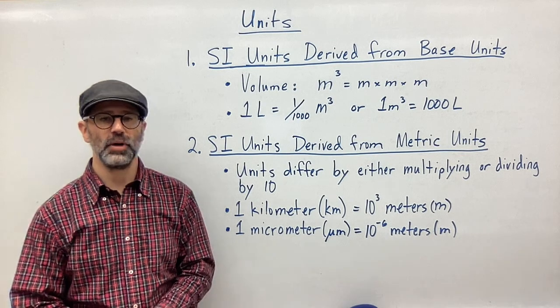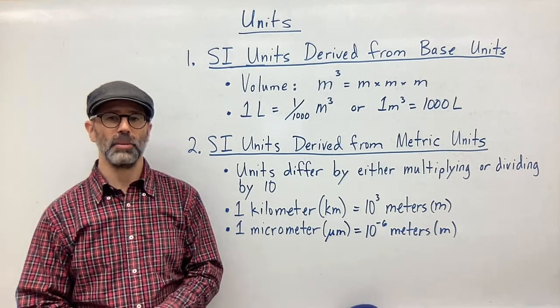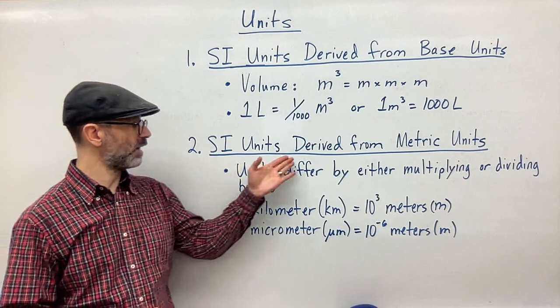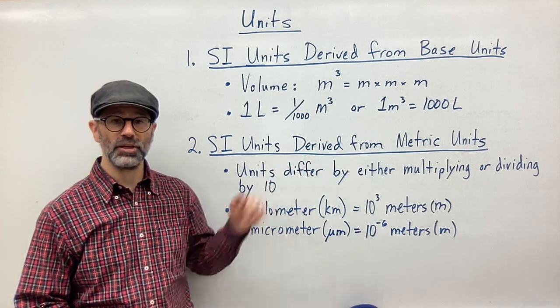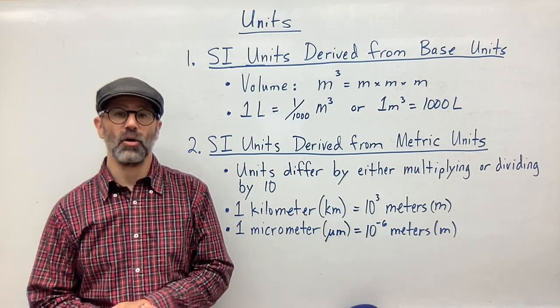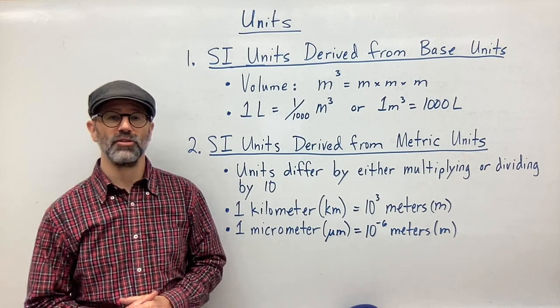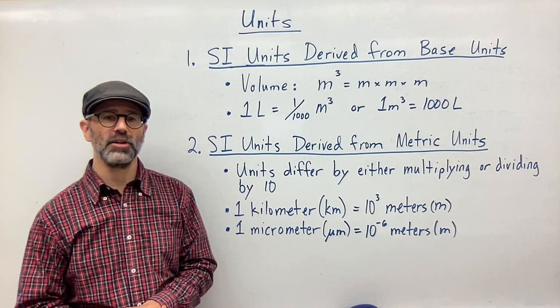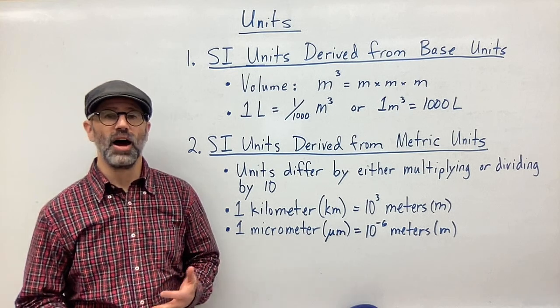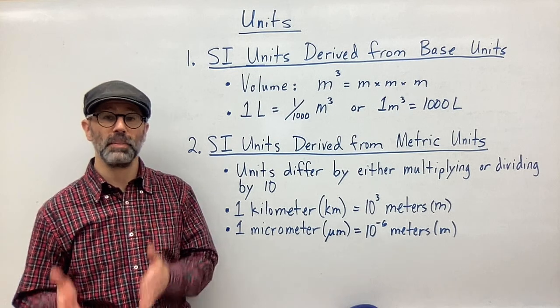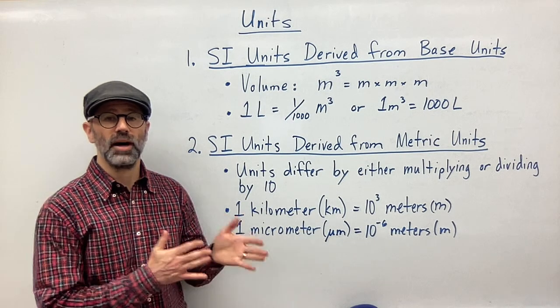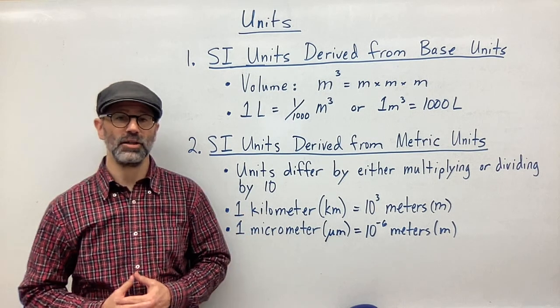So what about the second way of deriving units, from the metric units? In this second way of deriving your SI units or other units from your metric units, you use prefixes. Here the units are derived from the base unit by multiplying or dividing by a factor of 10.